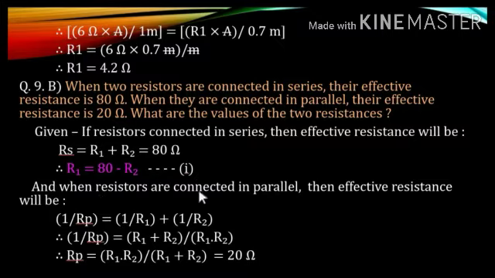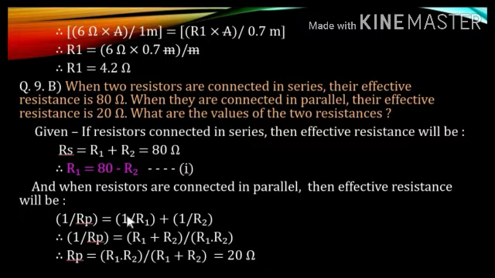And when resistors are connected in parallel, then effective resistance will be 1 by Rp is equal to 1 by R1 plus 1 by R2. Therefore 1 by Rp is equal to, now the denominators are not same, therefore we have to multiply these two by each other and place like this in the denominator R1 into R2.